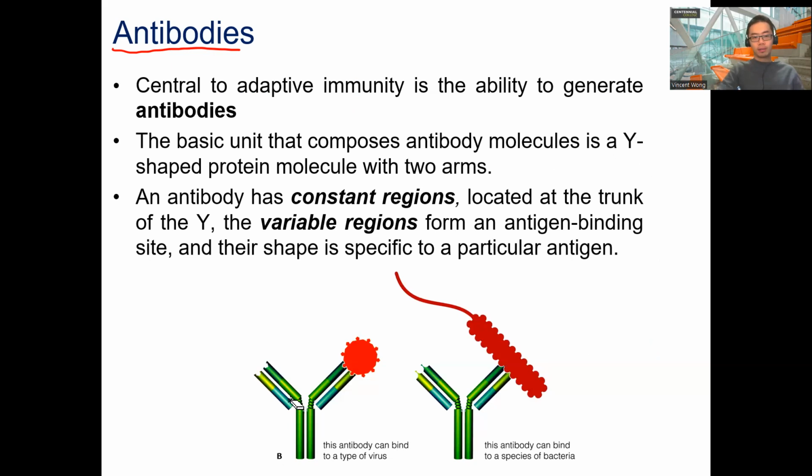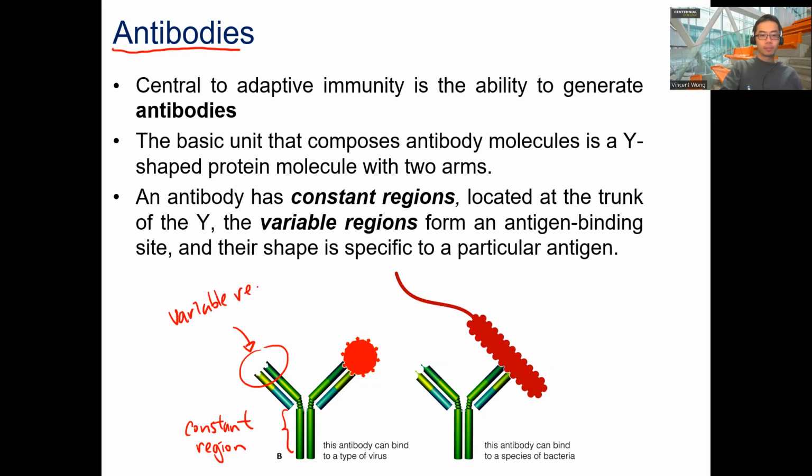If you think of the letter Y, that's what the antibodies look like. And the trunk of the Y, that's what we call the constant region. That's the region that does not change. It is the same for all the antibodies. That's kind of like the handle of the screwdriver, if you would. It's the same handle for all of them. What differs between the antibodies is the variable region here.